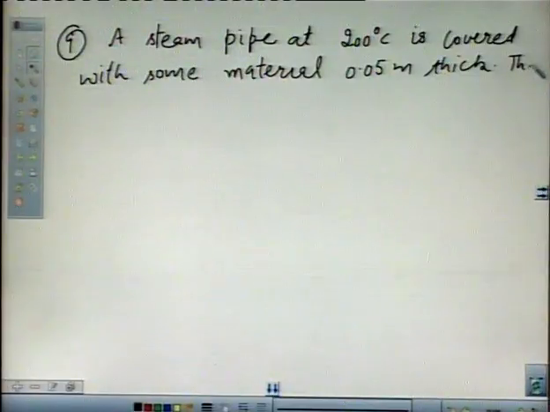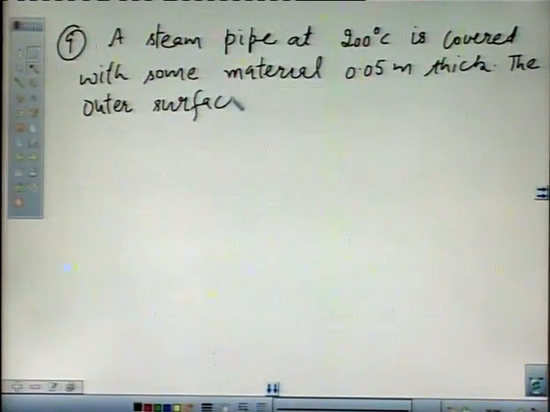The outer surface is at 50 degrees Celsius.